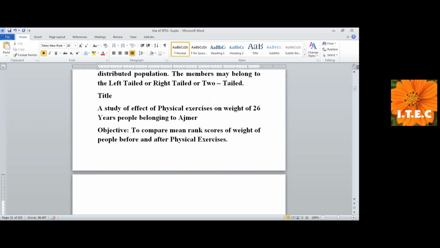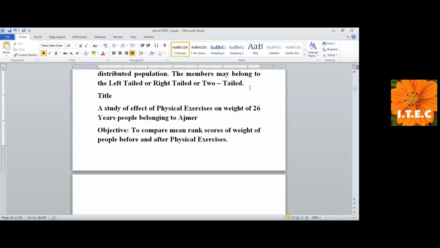So you have to take one group, take their weight, and then ask them to do the physical exercise for a particular period of time, let's say maybe 1 month. After 1 month, you have to take the weight of the same people again.